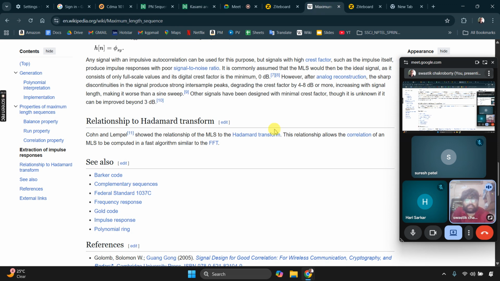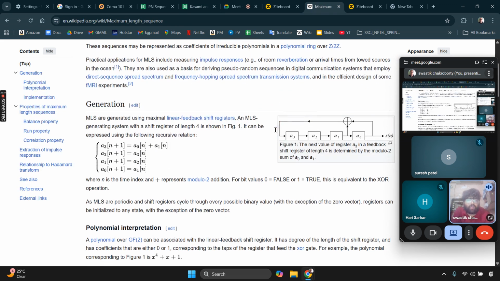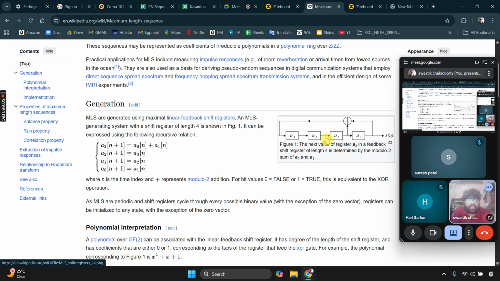So here we can see how many are open. This one is open, this one is open, this one is open. This one is x to the power 0, so it is 1. This one is x to the power 1, means x. This is x square, we skip. This is x cube, we skip. This is x4, we take. So 1 plus x4. Is the principle of generator polynomial clear?